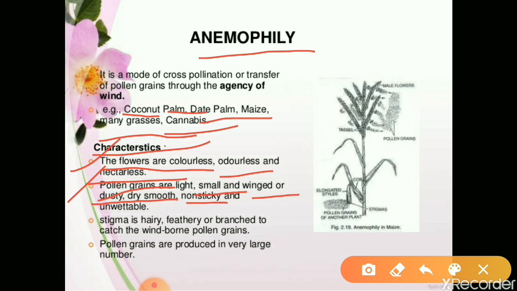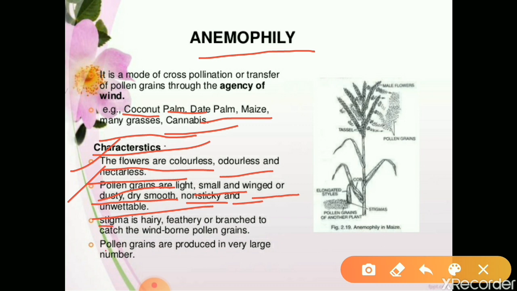Non-sticky means it will not stick with other substances. And unwettable. Unwettable means the pollen grains will not absorb water, or water cannot enter inside the pollen grain. That state we can call unwettable.